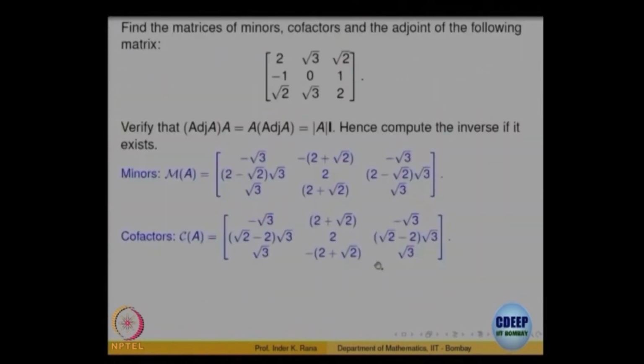These computations we have been doing, so we will not go into all aspects. Let us look at one example. You are given this matrix. So, how do you compute the adjoint of this matrix? Look at the minors.